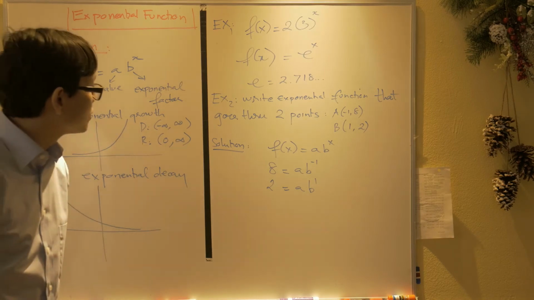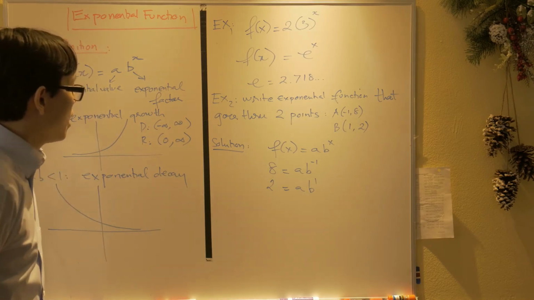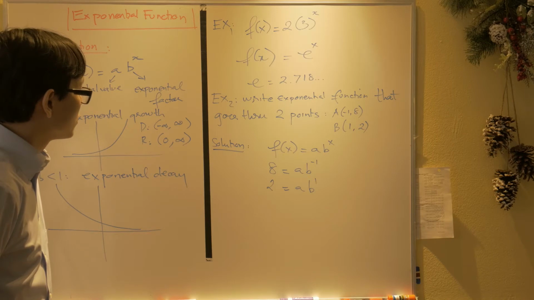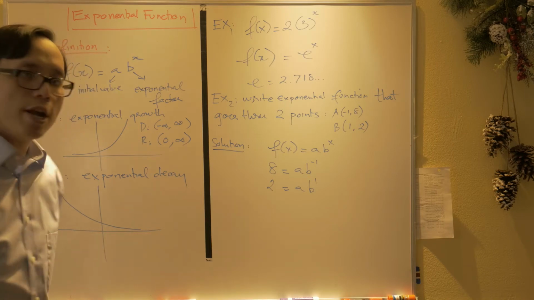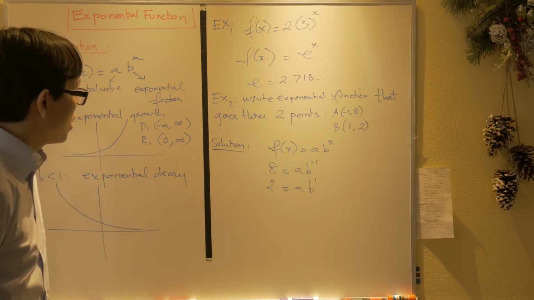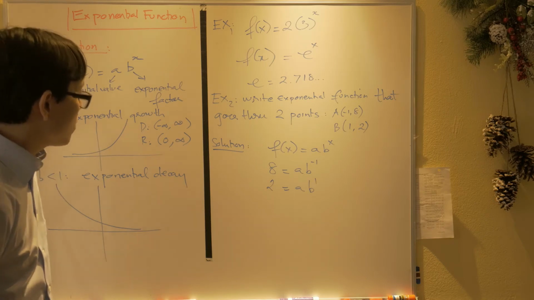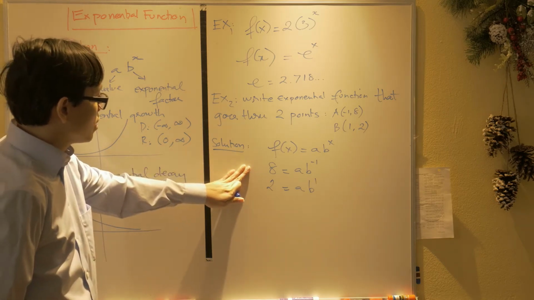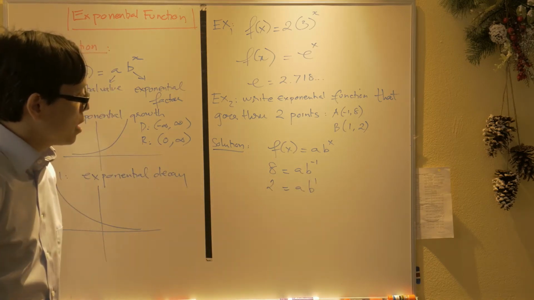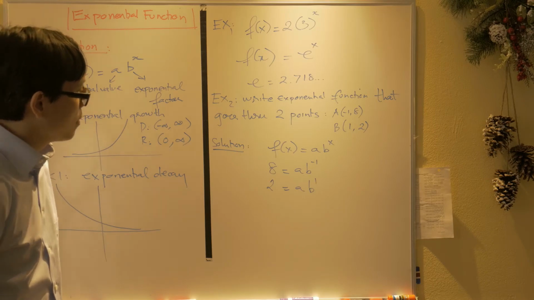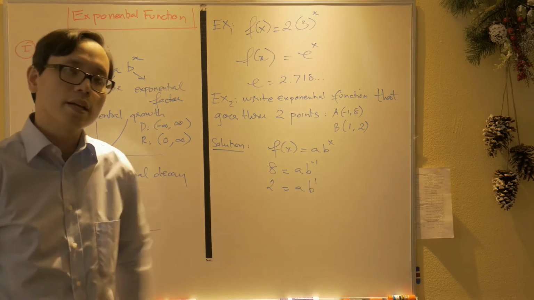There's another way. You can do it like this. You can set the ratio between the left-hand side and right-hand side of the first equation over the left-hand side and right-hand side of the second equation.